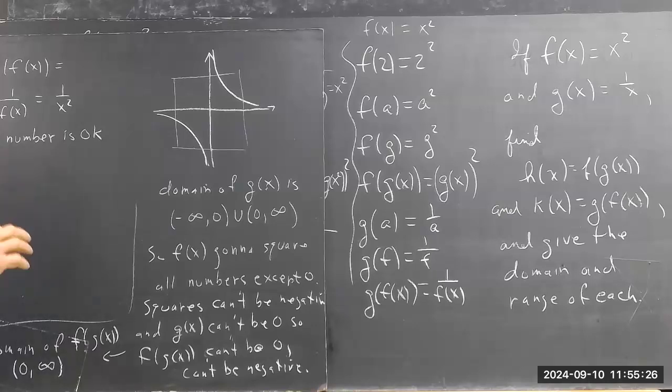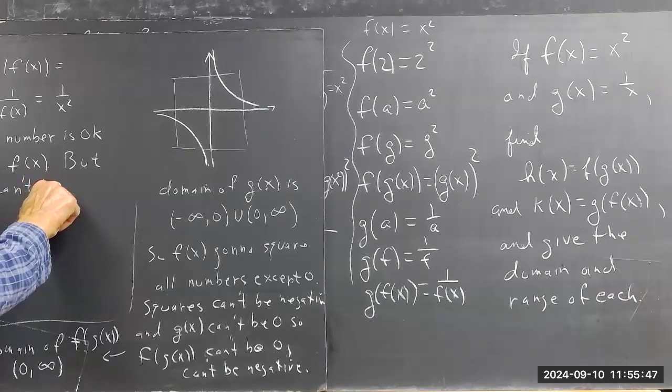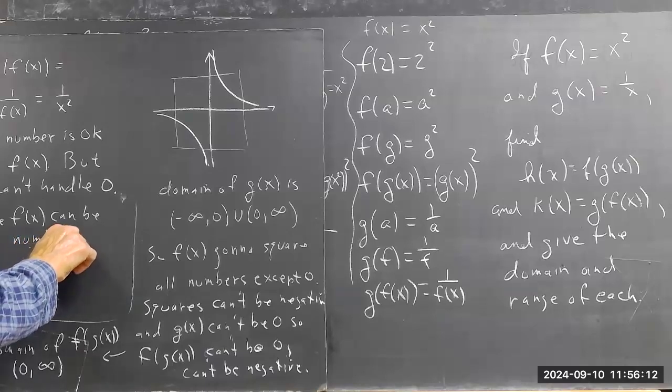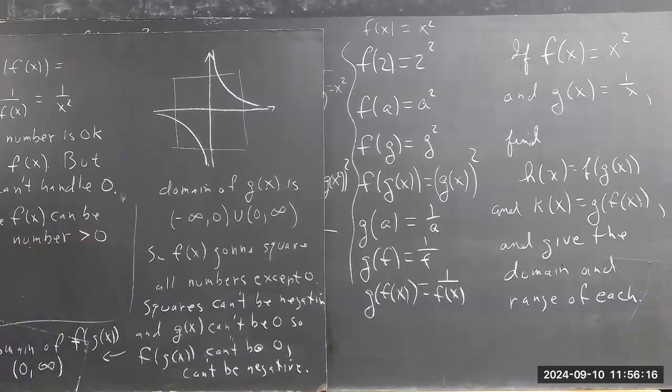With the understanding that we're only talking about real numbers, any real number you put in is okay, but you can't handle 0. f of x can be any number greater than or equal to 0. Okay.